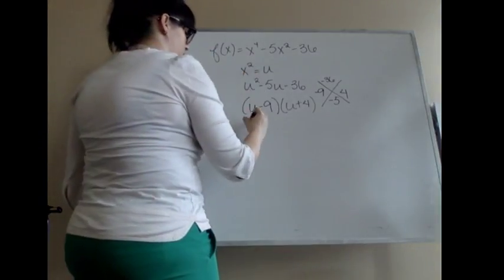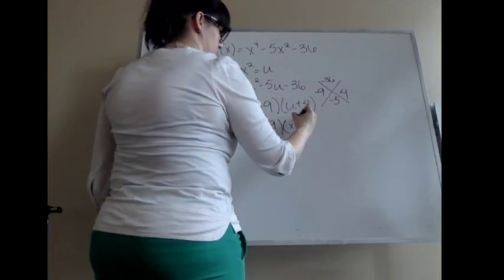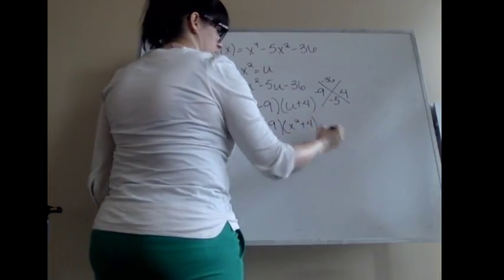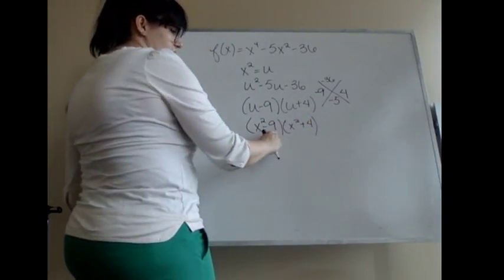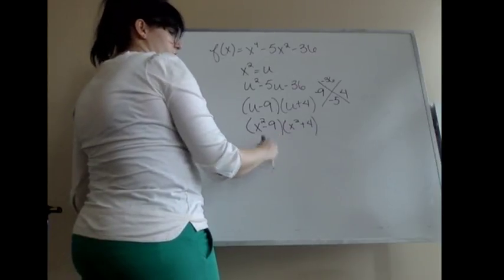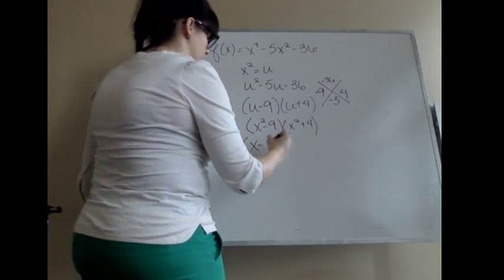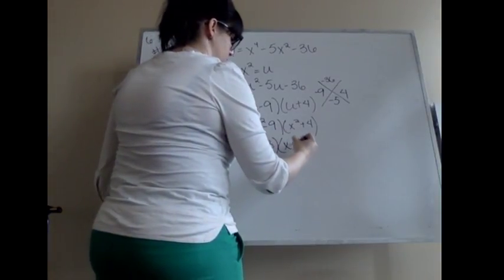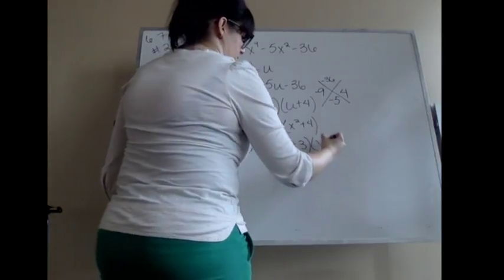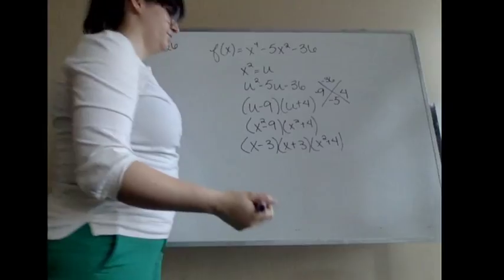Substituting x squared back in. This is a difference of squares because it's x squared minus 3 squared. So that's going to become x minus 3 times x plus 3. x squared plus 4 is not factorable in the real number system.